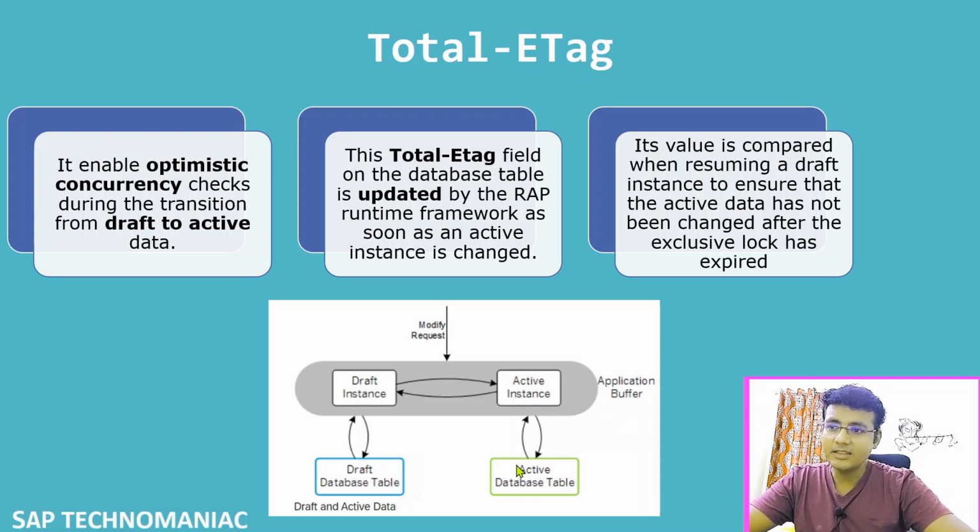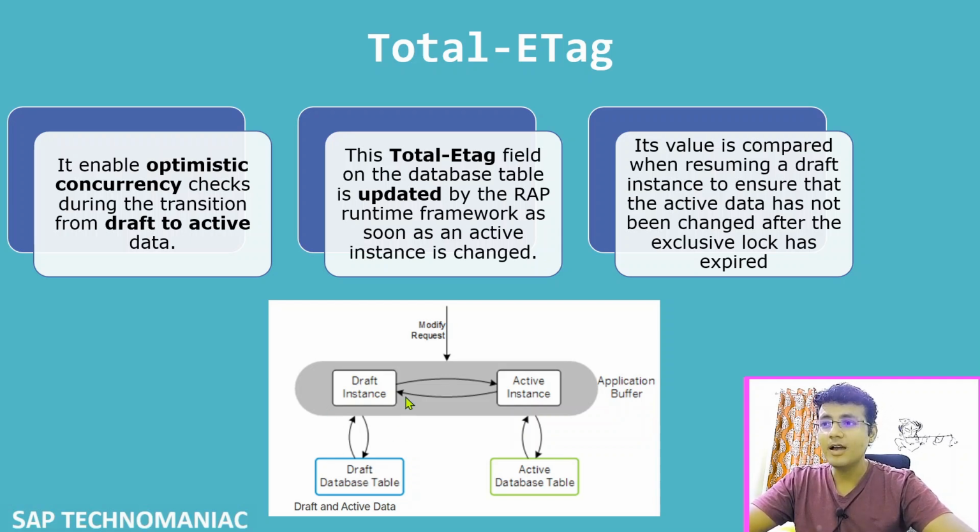That 444 will come in the active instance, and as soon as you start working on it, the active instance goes to the draft instance and is saved in the draft table, and you start working on that. When you start working, you put an exclusive lock on that active instance, so you can make sure nobody else can change it.